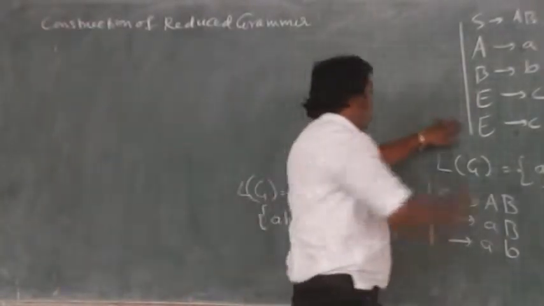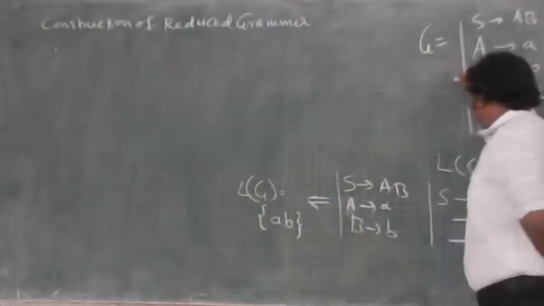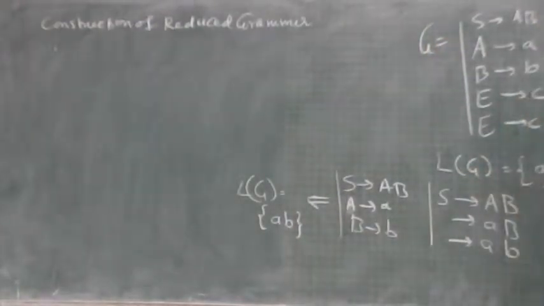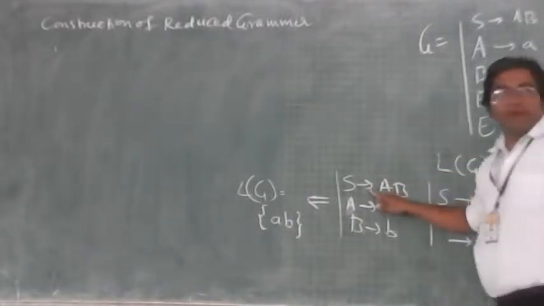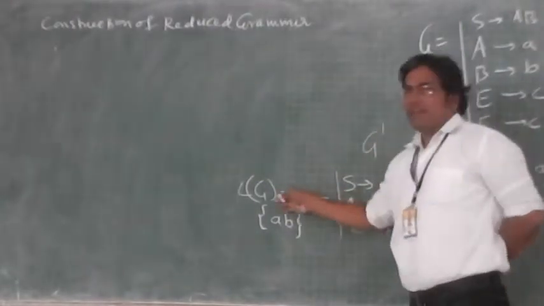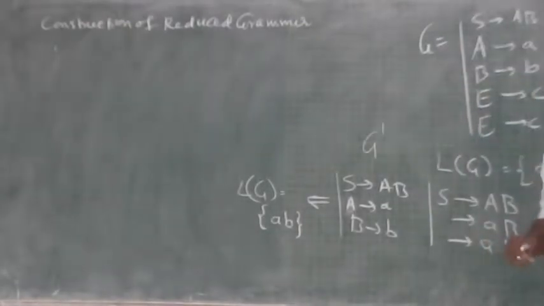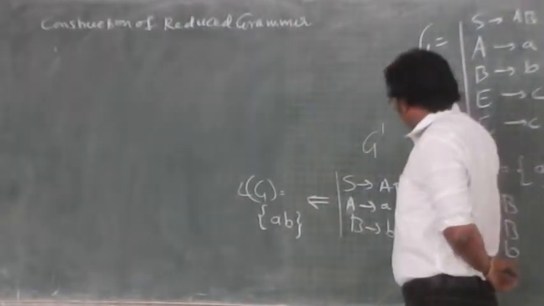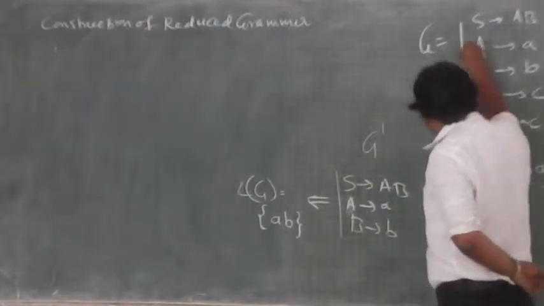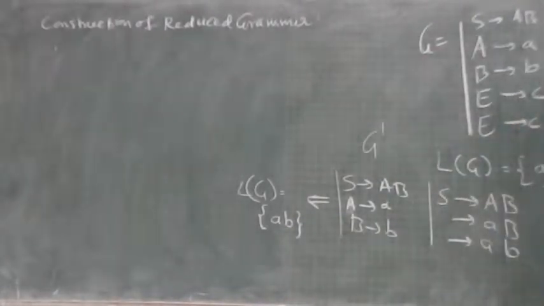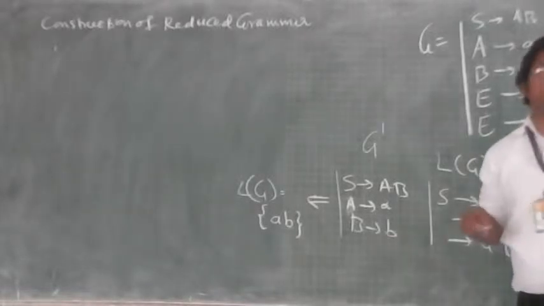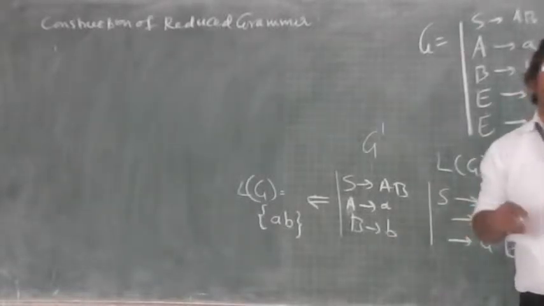Suppose G is the grammar having a language L(G) and having the sentence ab. I came up with a reduced form of the grammar, G dash, which is again giving you the same language, isn't it? Here I can clearly see there are productions which are useless, not taking part in the derivation itself.